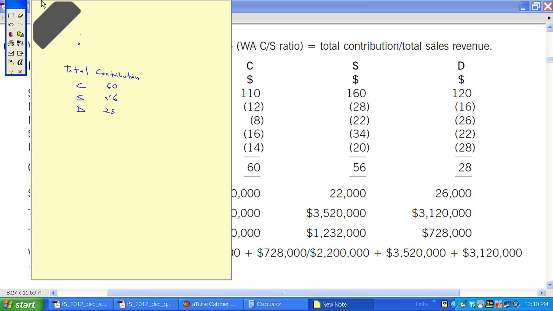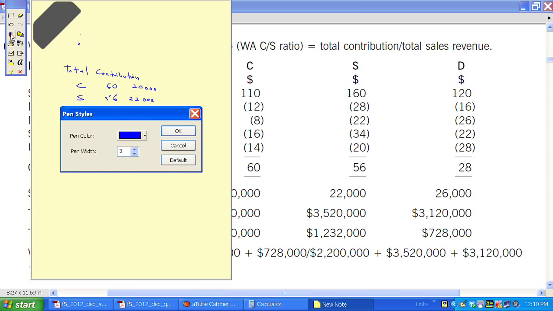The sales units were 20,000, 22,000, and 26,000.